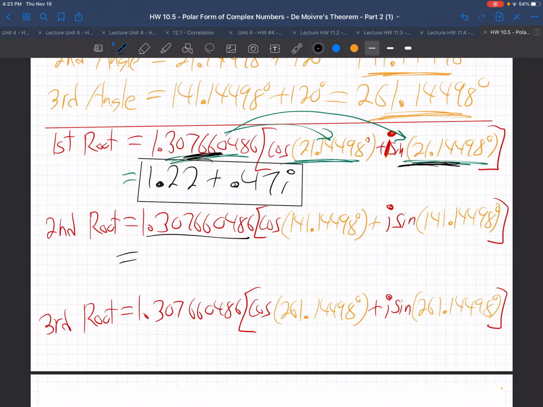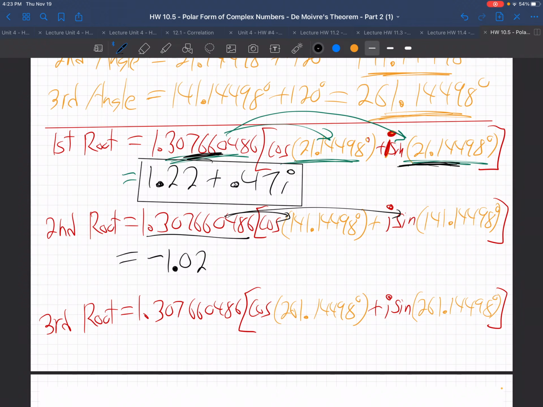Next one, same thing. Distribute. So 1.307660486 times the cosine of 141.14498. I'm getting negative 1.02.